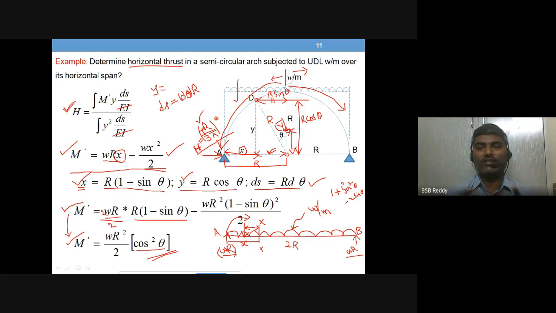Likewise you can easily remember this value. So this is the solution for a two-hinged arch applied by UDL on its total horizontal span. The horizontal thrust value is 4r by 3 pi into w.